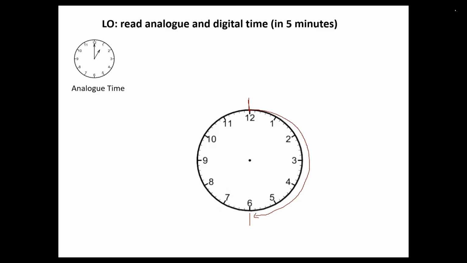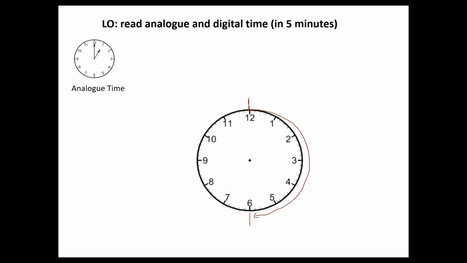Suppose the minute hand is on 12. So when it will reach on 1, how many minutes has it covered? How many minutes are passed? Yes, beta? The distance between two numbers is of how many minutes? Who will tell me? Yashika.